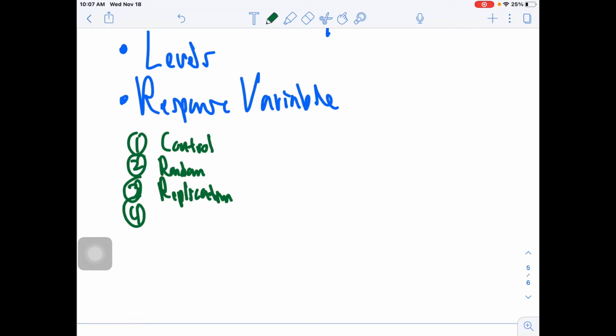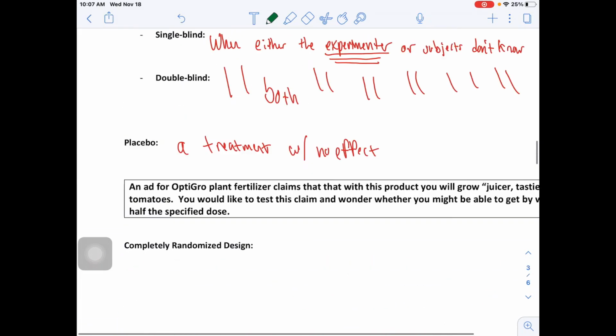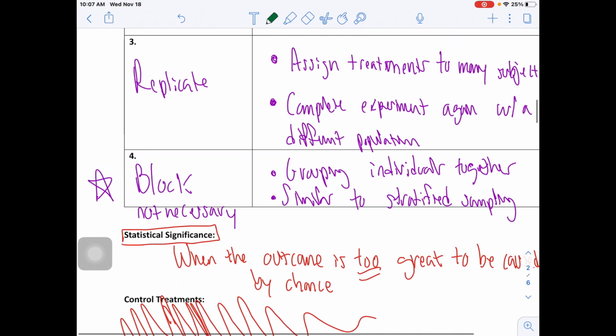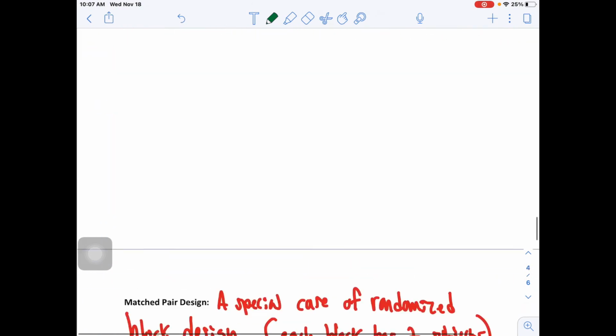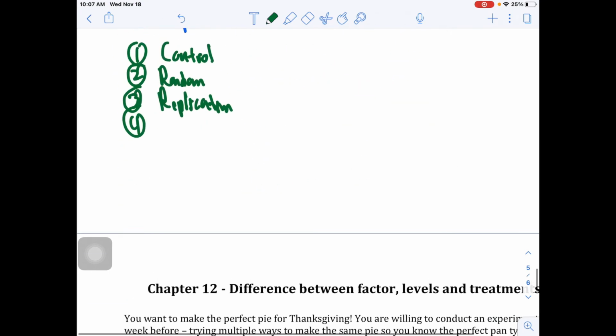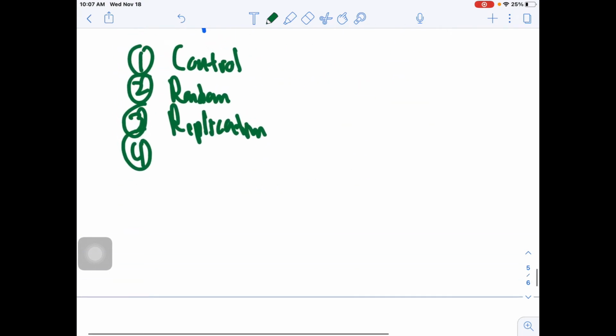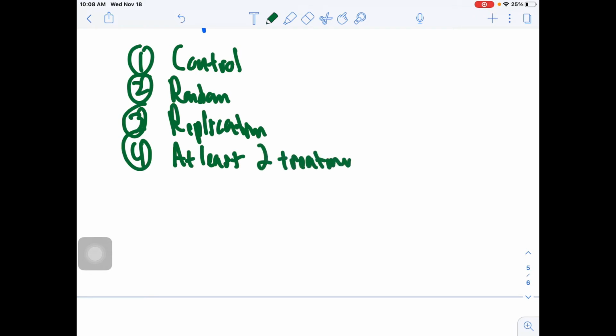And then the last one, let's see if I can remember. We had block, right? Block, I said, is sometimes not necessary. Another way we can think about this is we should have at least 2 treatment groups.